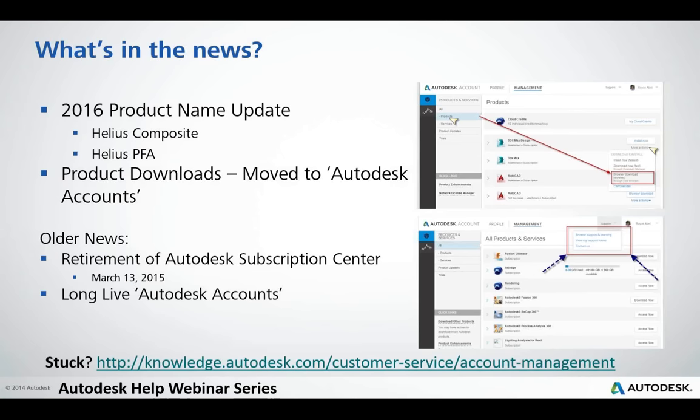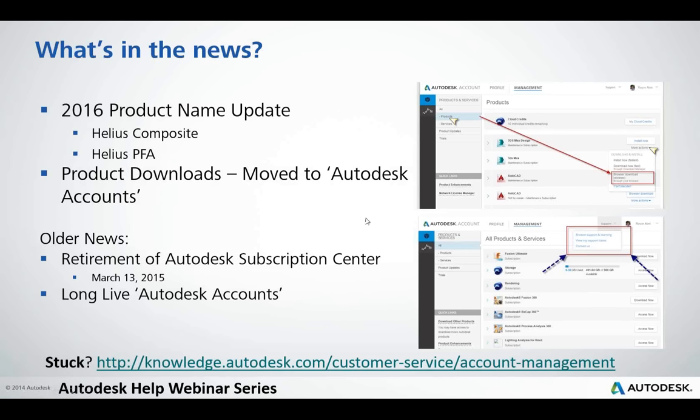If you're familiar with Autodesk Simulation Composite Analysis, that is now known as Autodesk Helius PFA, and you'll see it listed as such in the Autodesk account. And if you're a Simulation Composite Design user, you'll also see the Helius Composite 2016 listed in your Autodesk account. Those are a few of the name changes that we've added for this new release.